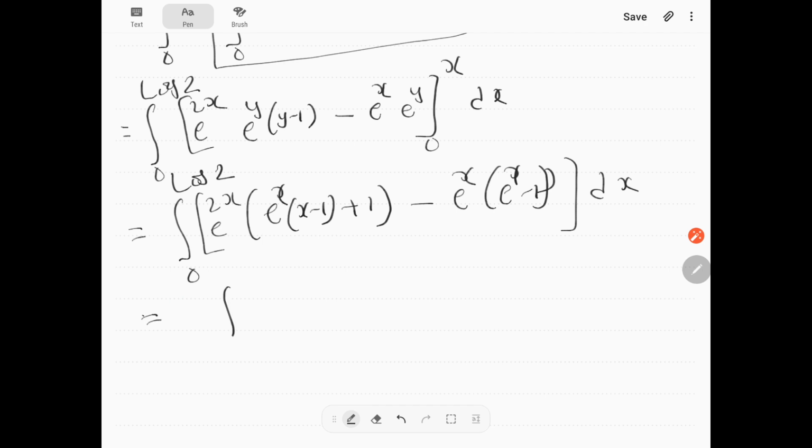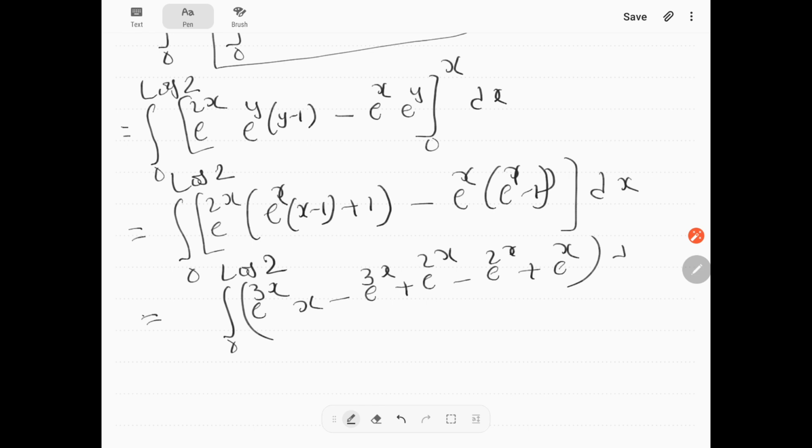Before integration, I'll simplify this integrand a bit. E power 2x into e power x, that is e power 3x into x, minus e power 3x, plus e power 2x, minus e power 2x, minus of minus will be e power x dx. Now these two get cancelled.